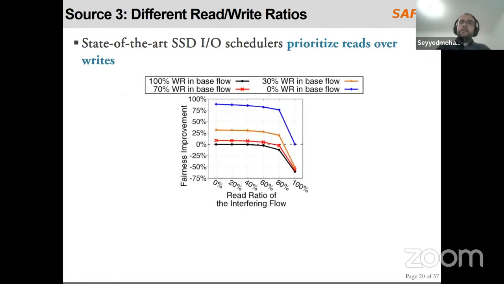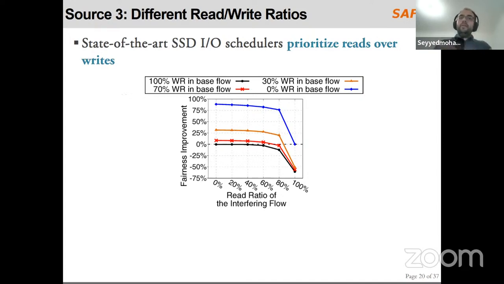To elaborate on that, we did an experiment. We have 2 flows, a base flow and an interfering flow. For the base flow, we consider 4 write ratios. 100% write ratio in the base flow means that this flow has only writes, and 0% write in the base flow means that this flow has only reads.